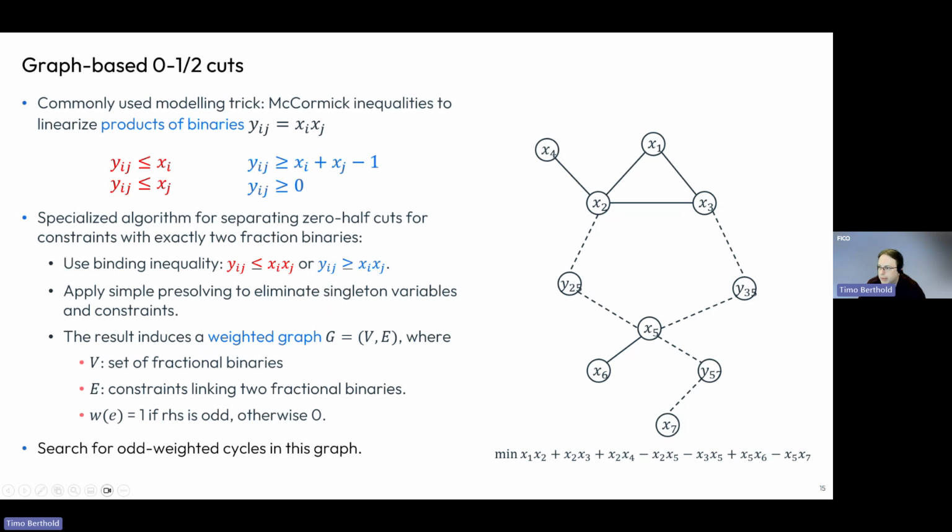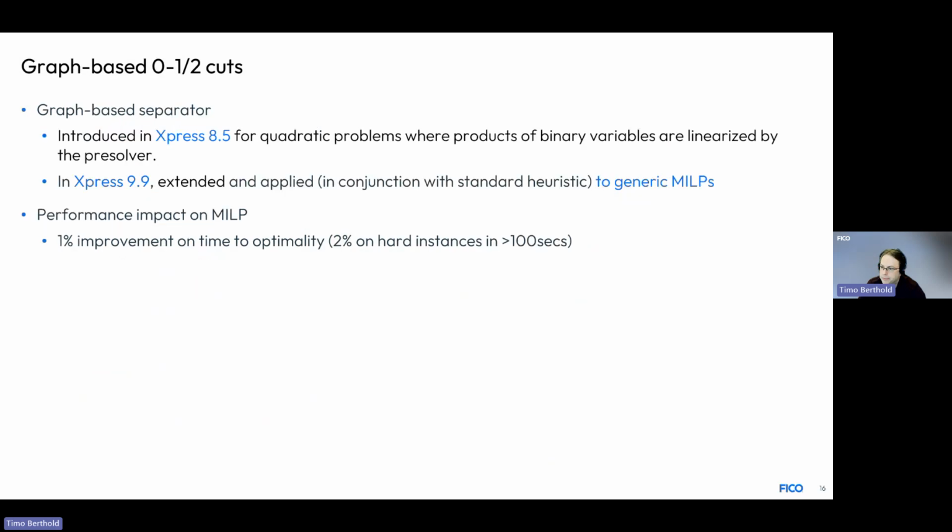So that makes cutting planes important, especially for dense quadratic matrices. And yeah, the special algorithm that we had here identifies which McCormick constraints are binding, prunes some singleton constraints, reduces the separation problem to finding an odd weight cycle, like this here in the graph where vertices are fractional binary variables and edges reflect whether a shared constraint has an odd or an even right-hand side.